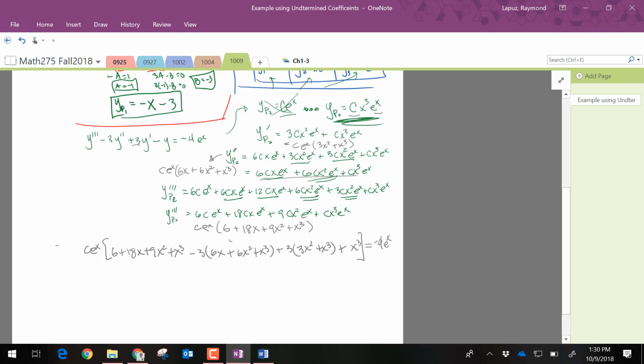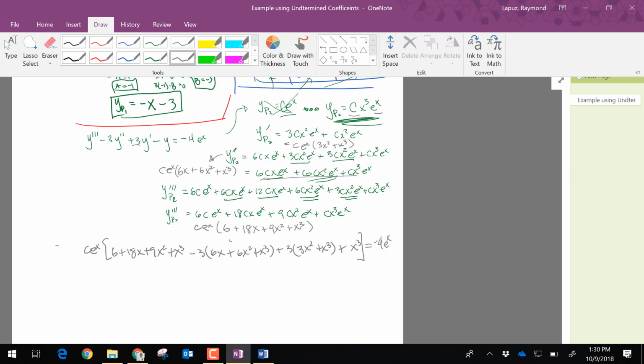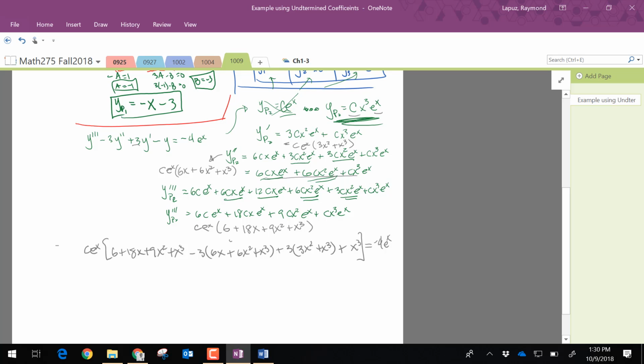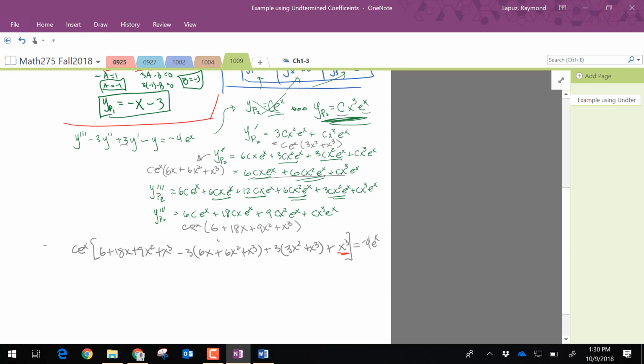We hope that a bunch of things would cancel because the right-hand side doesn't have anything with an x in it. So just to make sure that they are going to cancel, let's take our canceling color red here. The x cubed and the x cubed and the -3x cubed and the +3x cubed all go away. Are we good with the x cubes?